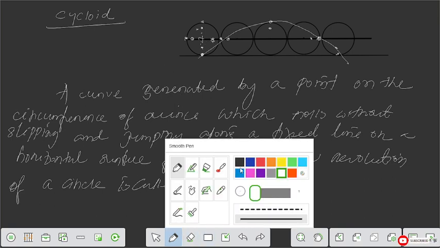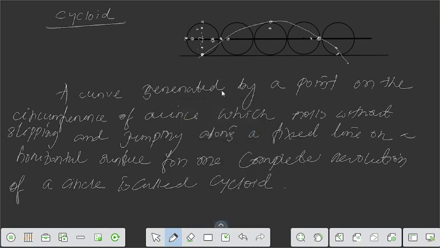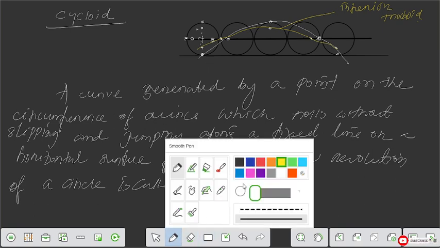Let's join the curve. This is called inferior trochoid.